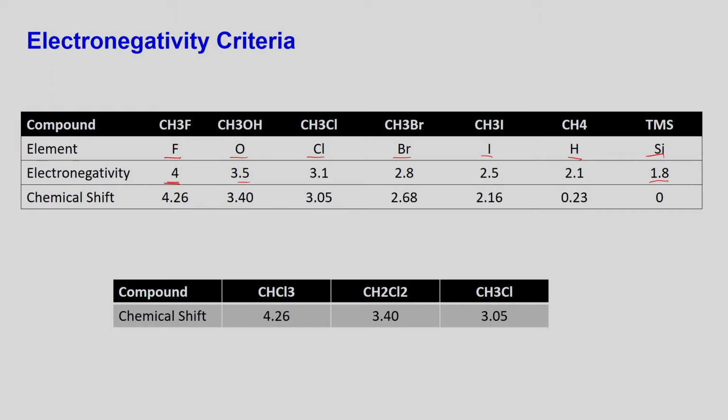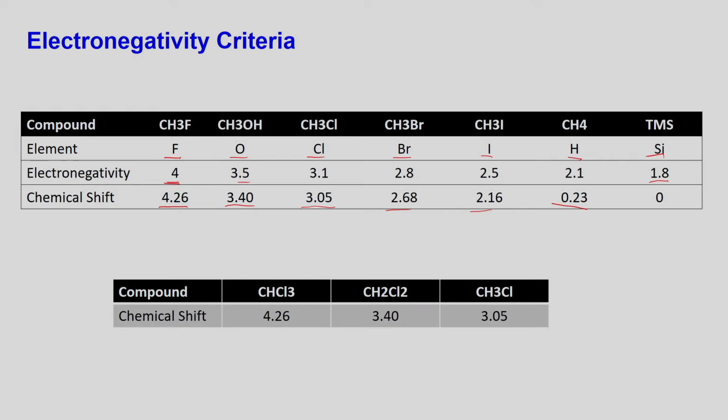So, what are the chemical shifts? For example, the chemical shift of the methyl hydrogens connected to fluorine is close to 4.26. If it is with oxygen, it is 3.4. If it is with chlorine, 3.05, like that it keeps on decreasing. You see in the case of methane, it is the least.